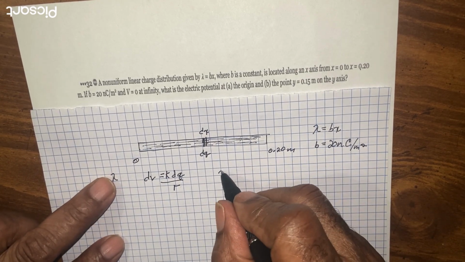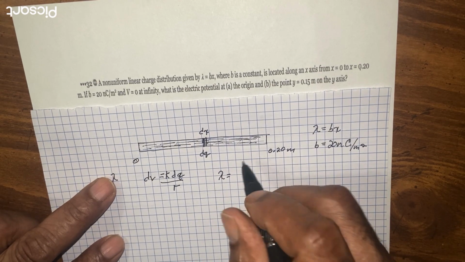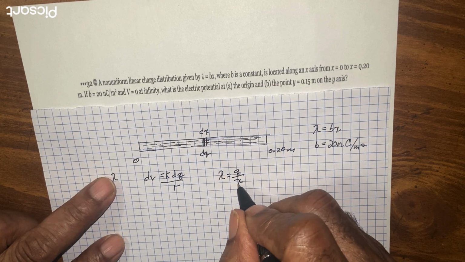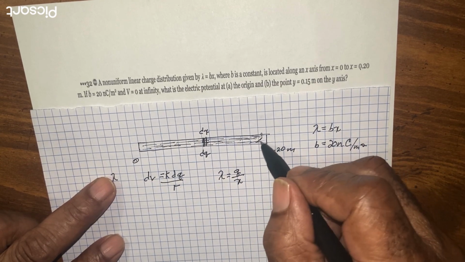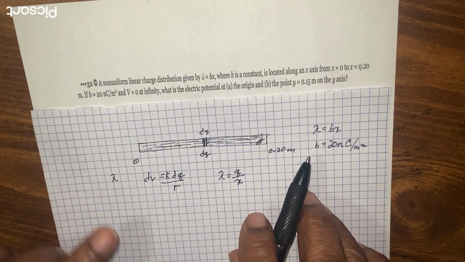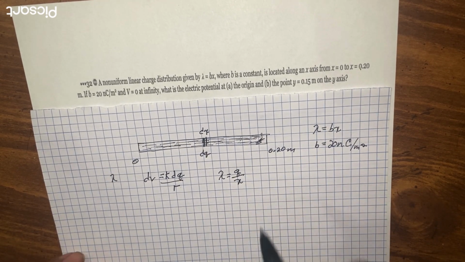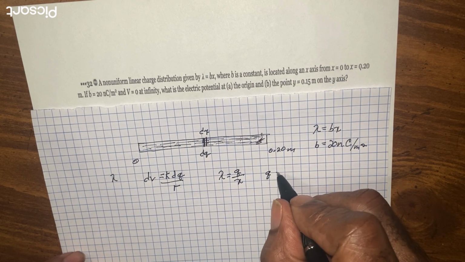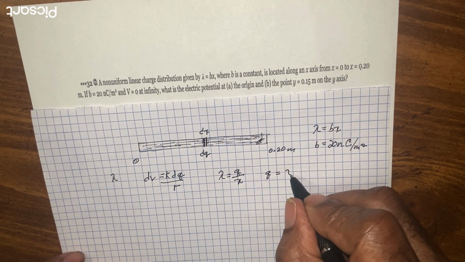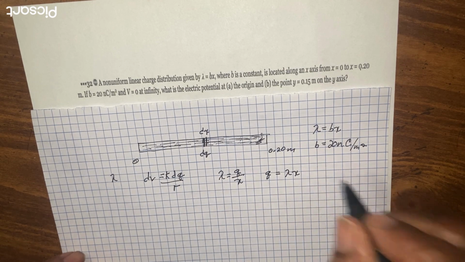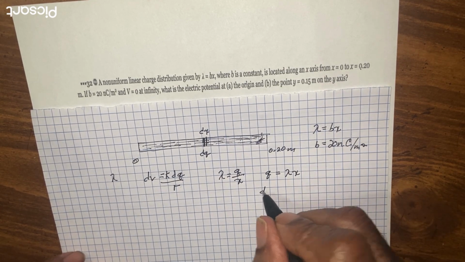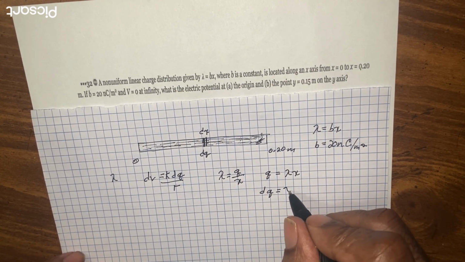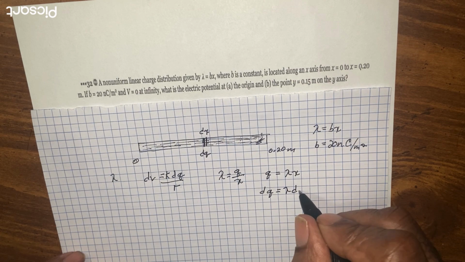So lambda is equal to Q over X. Usually they say L, but we're going to use X for the length of the rod. So Q, we'll solve for Q. Q is equal to lambda X. dQ is going to equal lambda dx.